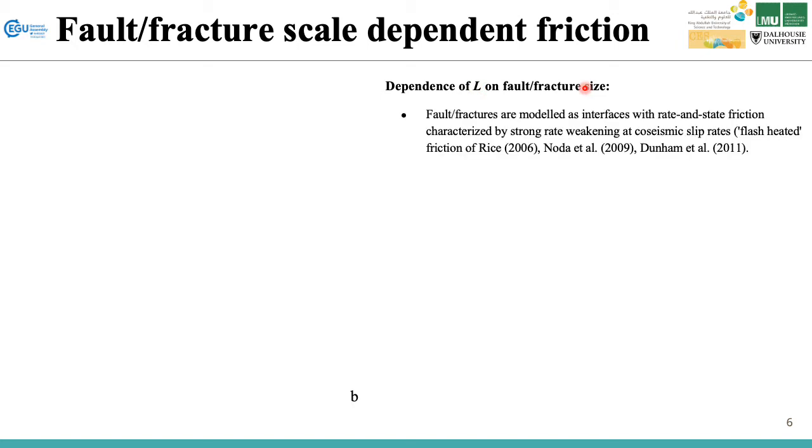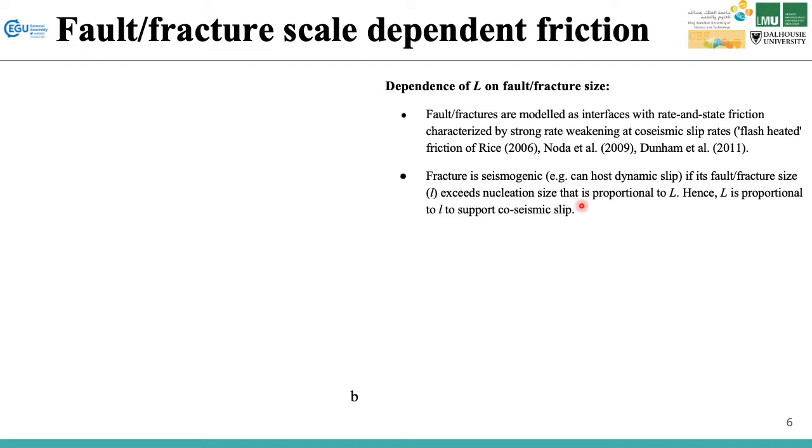In this study, we use a friction parameter that scales to fracture or fault size. The faults or fractures are modeled as interfaces with rate-and-state friction, characterized by strong rate weakening at coseismic slip rate. The key parameter of this frictional model is the characteristic slip value called the frictional state evolution distance, represented by capital L, or slip weakening distance, also known as d sub c.